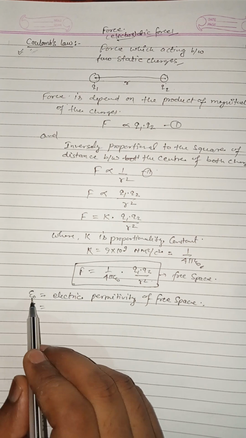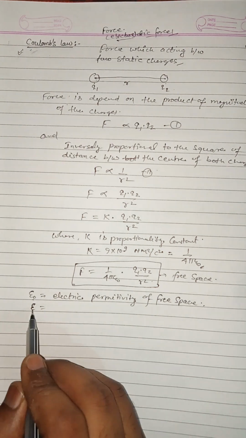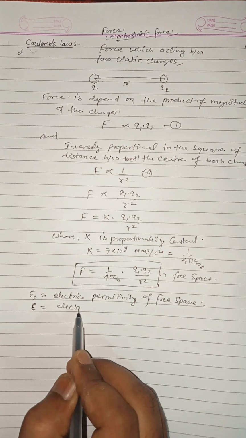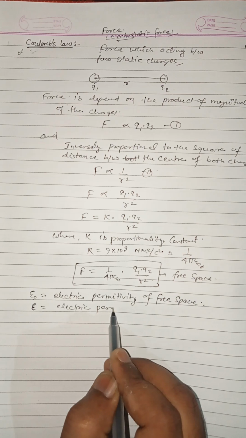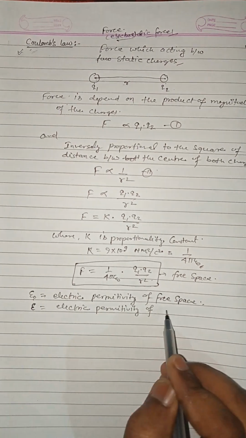epsilon naught is known as the electric permittivity of free space, and epsilon is known as the electric permittivity of medium.